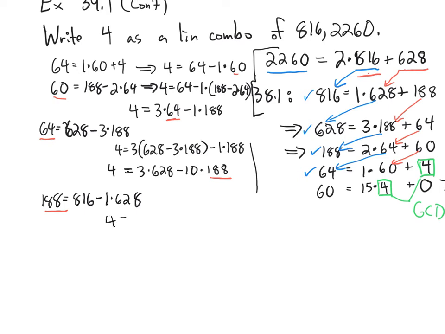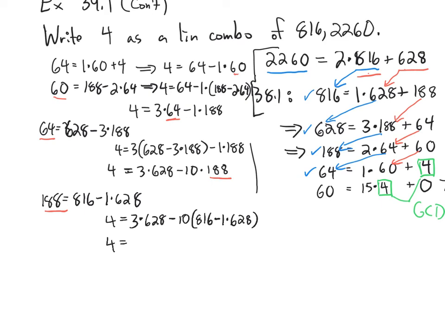So we get that 4 is 3 times 628 minus 10 times, well, what do we have here? We have 188 is 816 minus 1 times 628. So we get that 4 is, well, here we have negative 10 times negative 1 is positive 10.